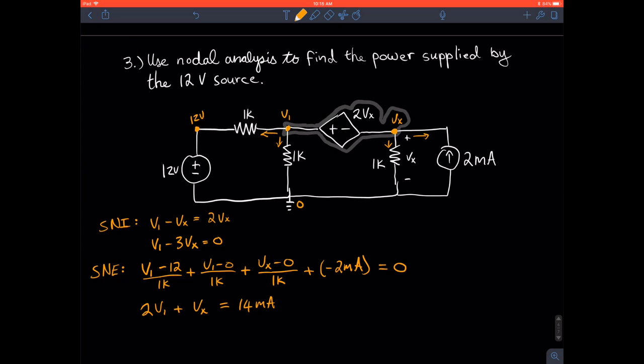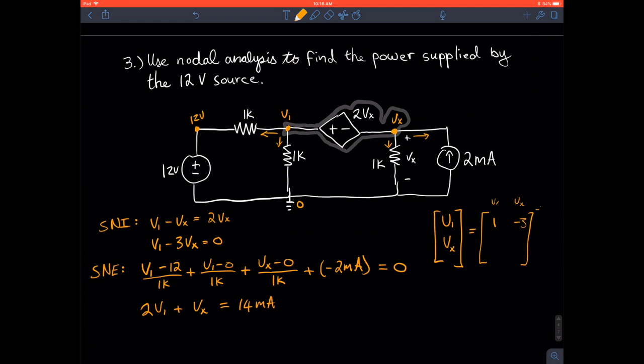Okay, so the next thing we do is we write this into our matrix, and we'll say V1 and Vx is going to be equal to, we have a 1, we'll call this V1, call this Vx, and then we have a negative 3.